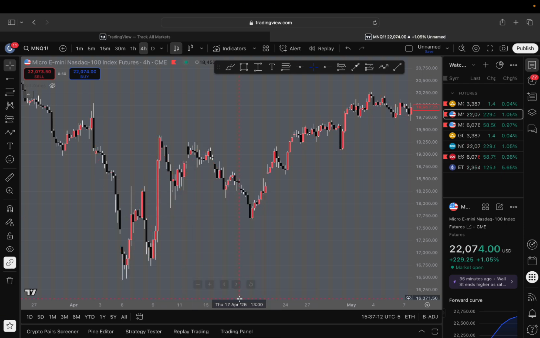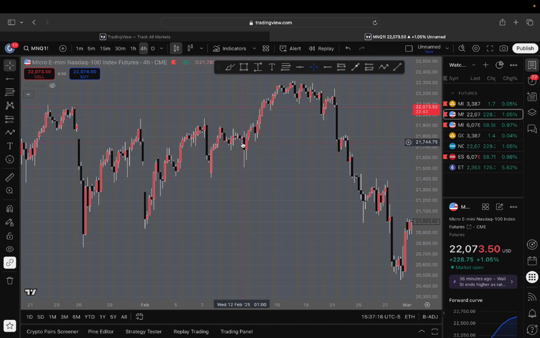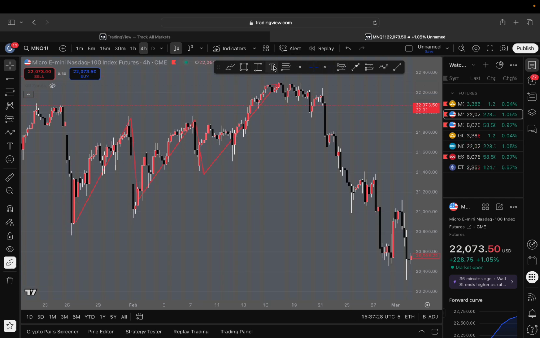Now let me show you guys an uptrend. Okay, we have this uptrend right here. Higher high, higher low, higher high, higher low, and then we have this higher high. You're going to target your most recent higher high.